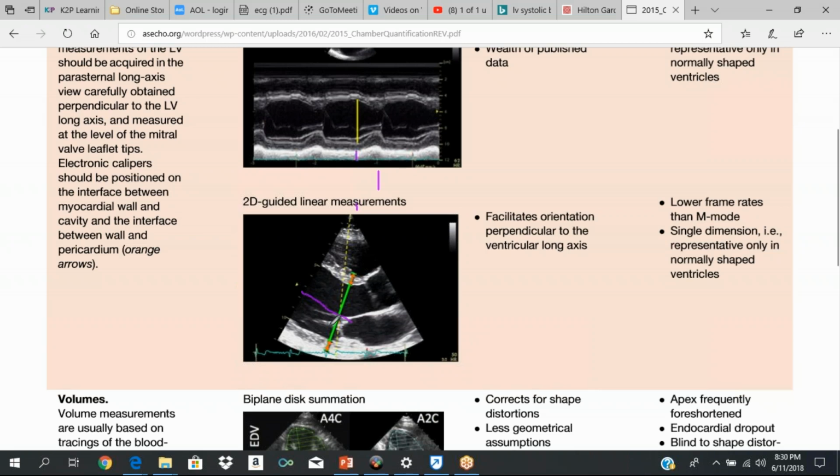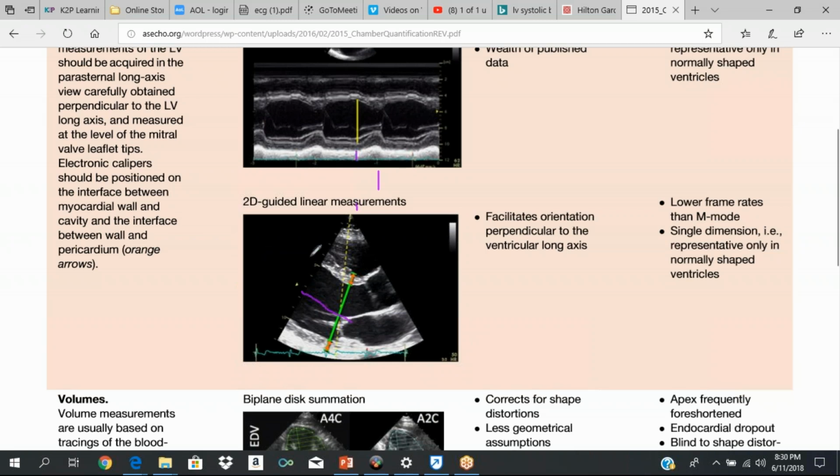So this line should be perpendicular to the axis of the LV long axis. When we say perpendicular, it means 90 degrees to the LV long axis. So this line right here represents the LV long axis.